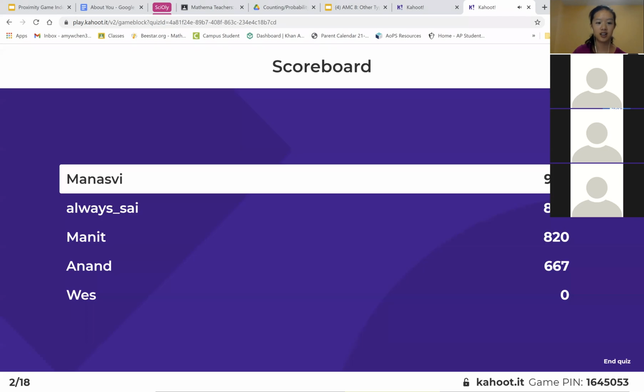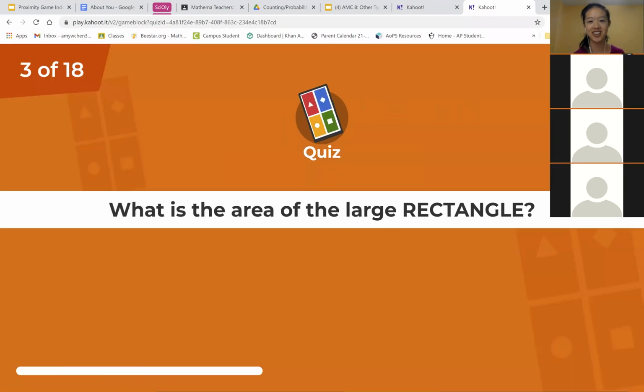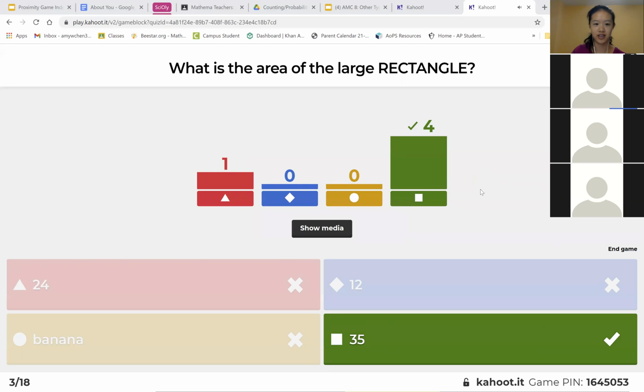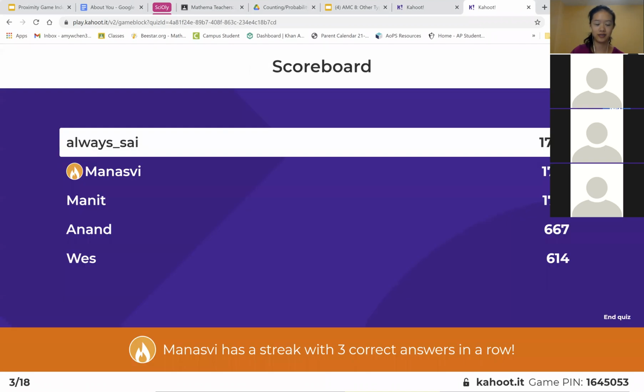Same thing again. Sai is in the lead, keeping Sai's legacy even though he's not here today. Area of the rectangle. Rectangle, by the way, it's not the gray area, just the rectangle. Oh yeah, the answer is banana, by the way.